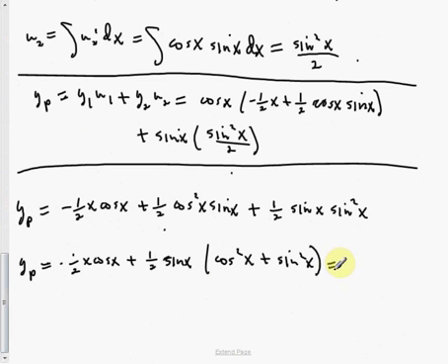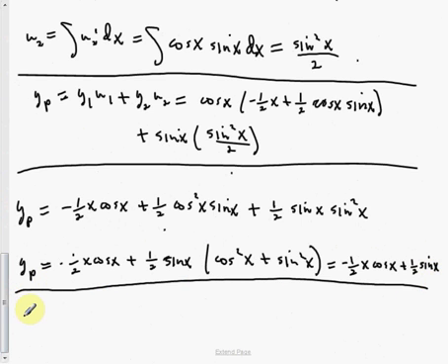So that just leaves us with negative 1/2 x cosine x plus 1/2 sine x. That's y sub p. Now the final answer, step number 6, is that y is set equal to y sub c plus y sub p.